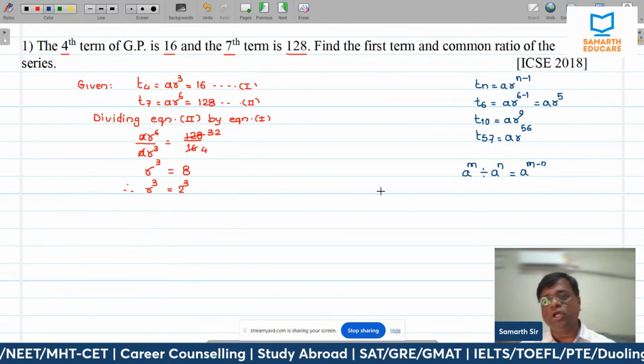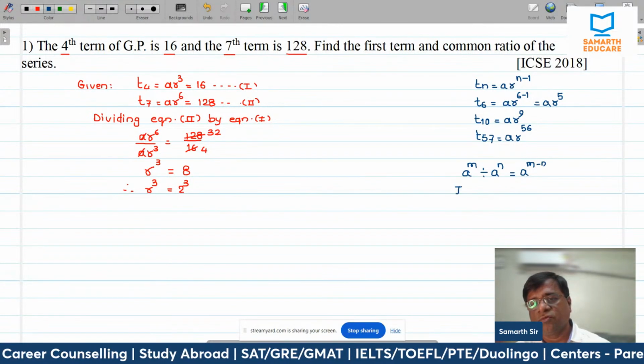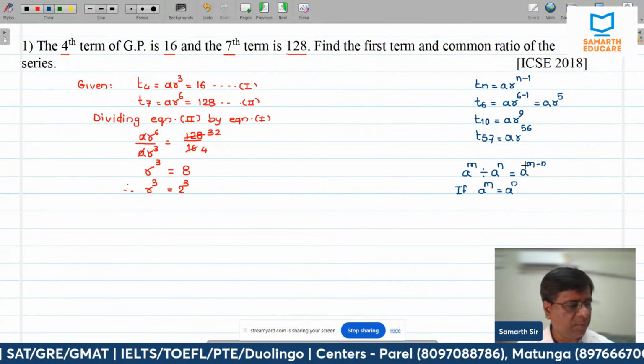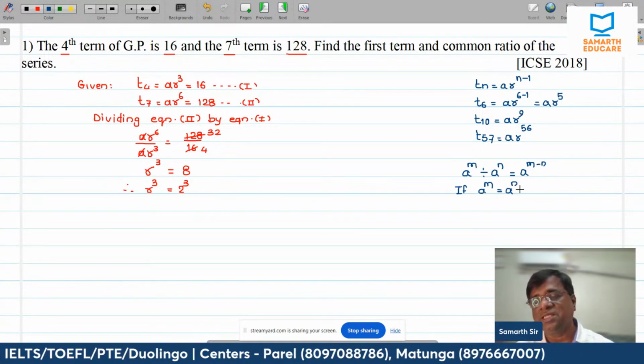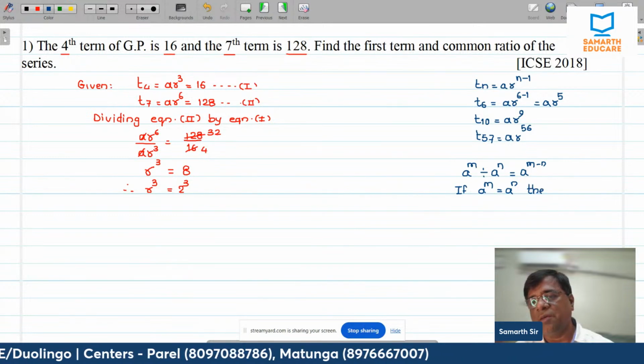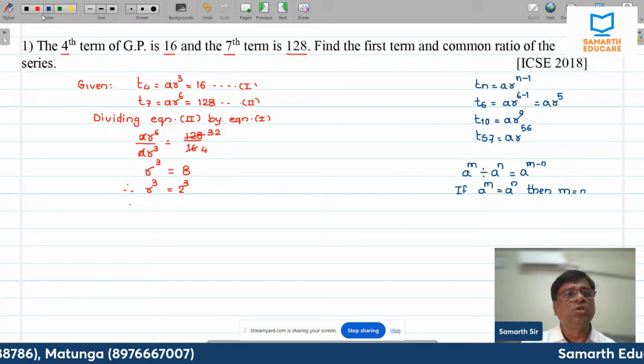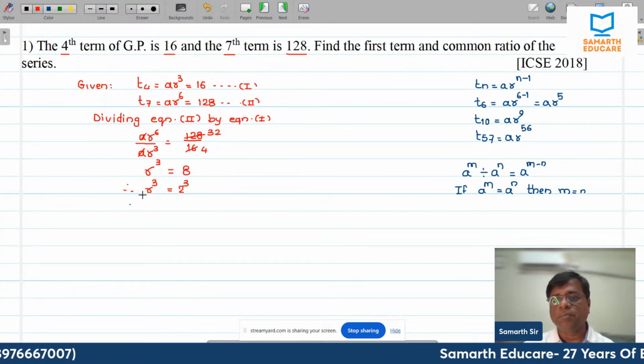According to the law of indices, if a raised to m is equal to a raised to n, when the base is the same, then m is equal to n.